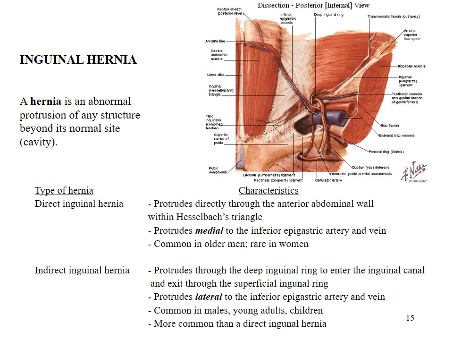These protrude lateral to the inferior epigastric blood vessels. They are common in males, in young adults and children, and are more common than direct inguinal hernias.